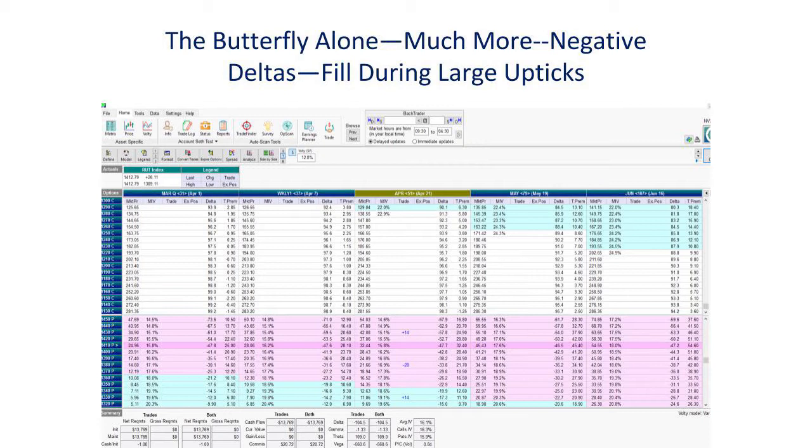Now you've filled the butterfly, now you've got to fill the deep in the money call in order to balance the negative deltas of the butterfly. And at the very moment when the market is rallying, what's happening to the deep in the money call? Well, the price of that is going up. And that means you've got to chase that price and sometimes pay, depending upon the strength of the intraday rally, a lot more than you'd like to pay.